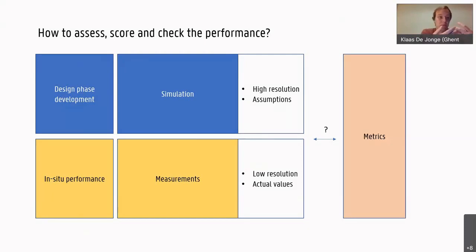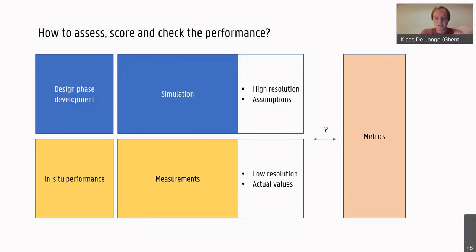If you don't implement it, you're not going to find a certain pollutant. On the other hand, measurements, and I'm looking into passive sampling because that's the measurement mostly done there, come with a very low resolution. It's a weekly average, daily average, maybe if you're lucky. But then you get actual values and you have a better, broader perspective of what's in the building.